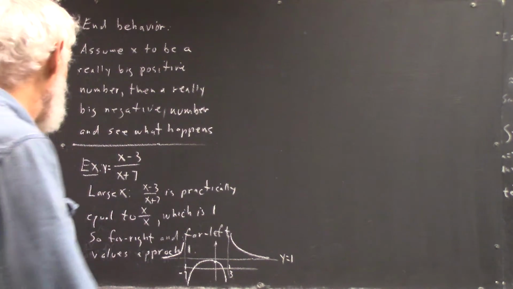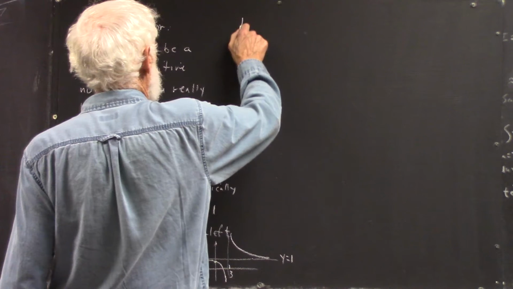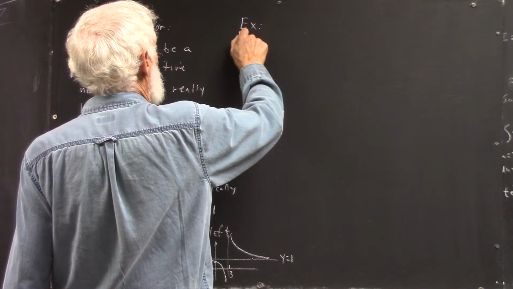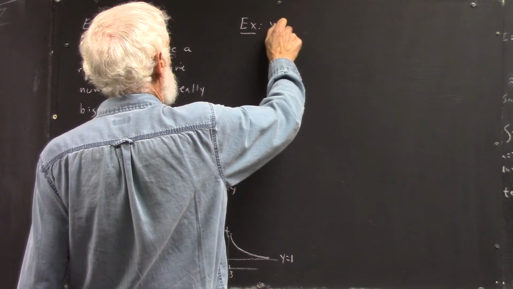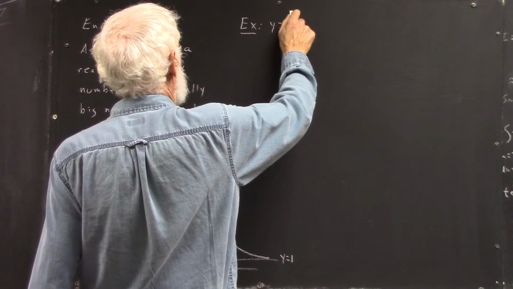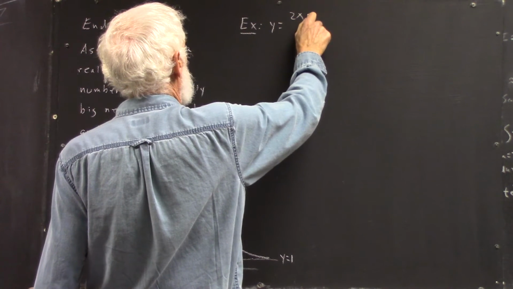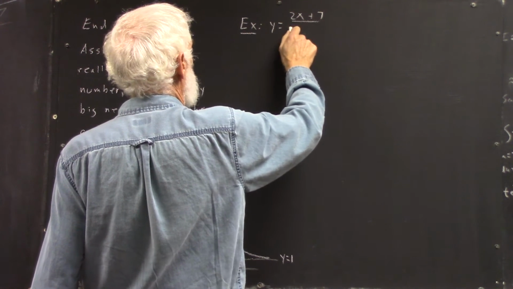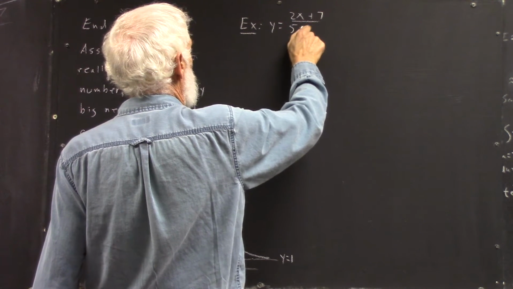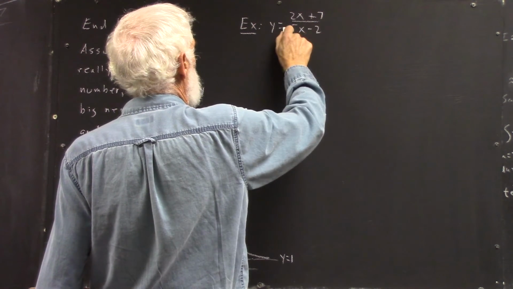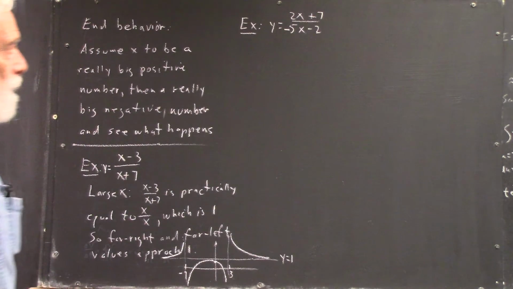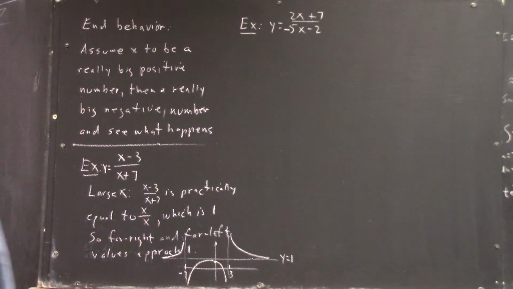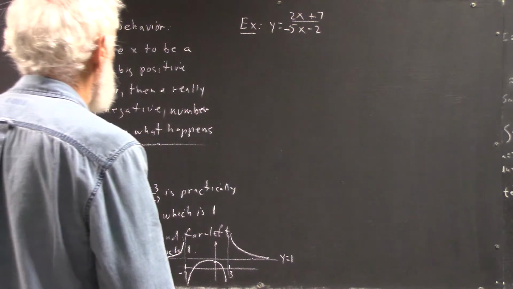Okay? Now, y equals 2x plus 7 over -5x minus 2. Do this kind of quickly. Okay?